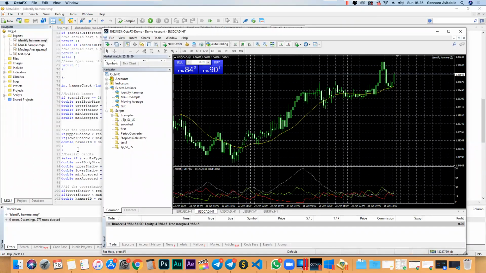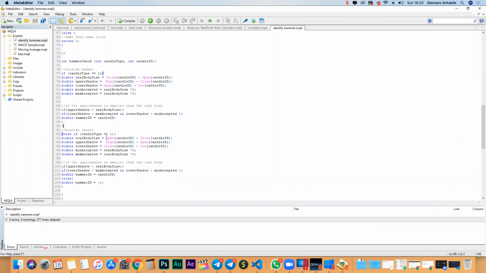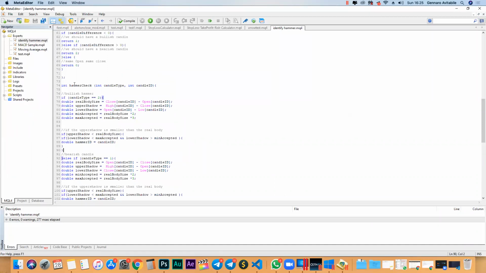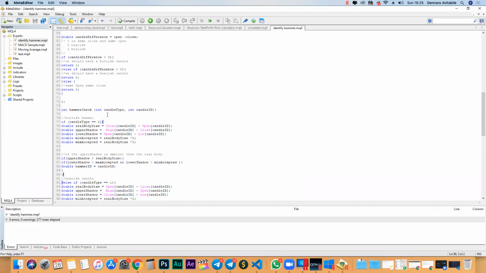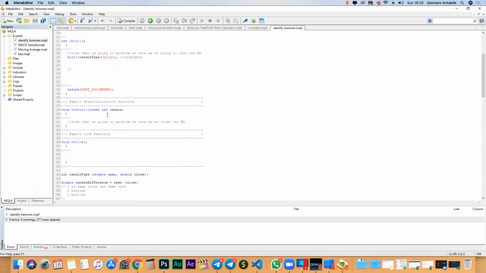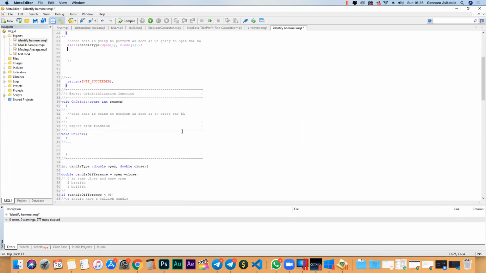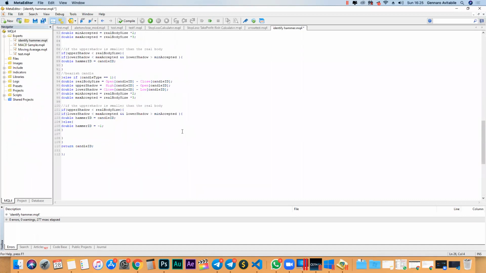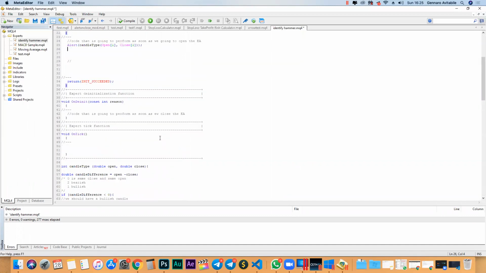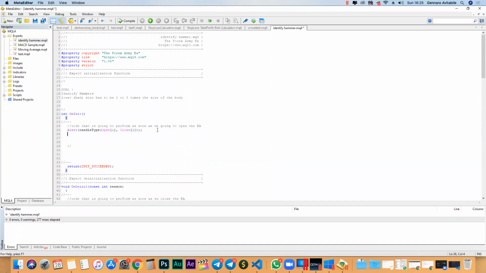I know why it returns 1, because we didn't call this yet. Okay, so hammer check is going to require the candle type and the candle ID. Okay, I know what we can do.